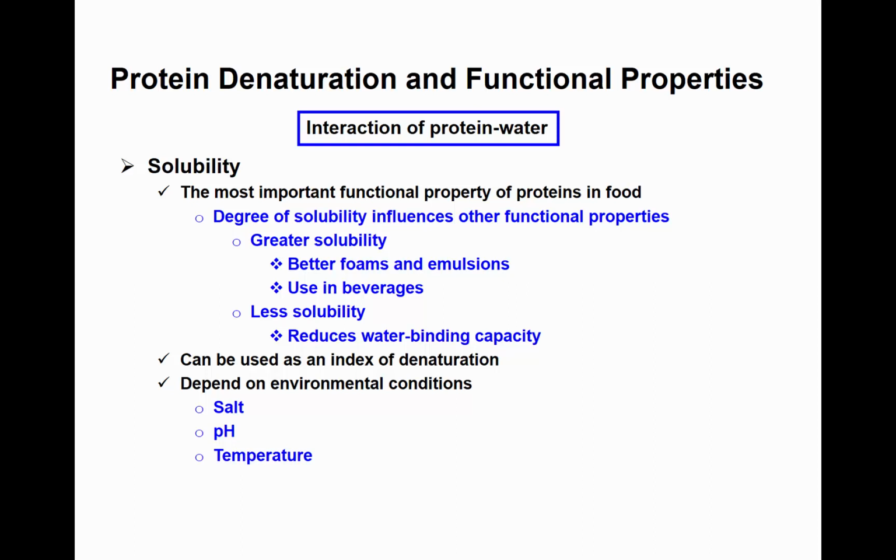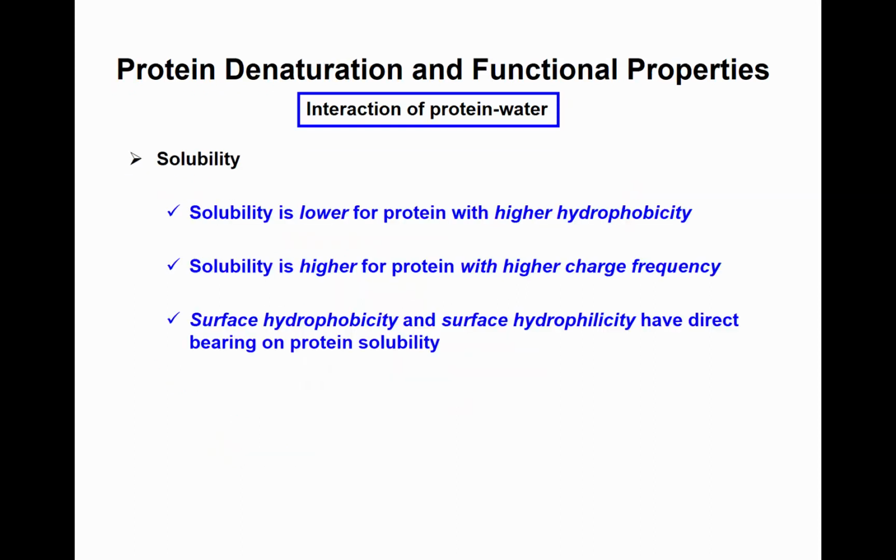Solubility, like I said, can be used as an index of denaturation because denatured protein has lower solubility than native protein in general. It also depends on environmental conditions, of course, which is obvious. So you have salt, pH, and temperature. Let's look at that in a minute.